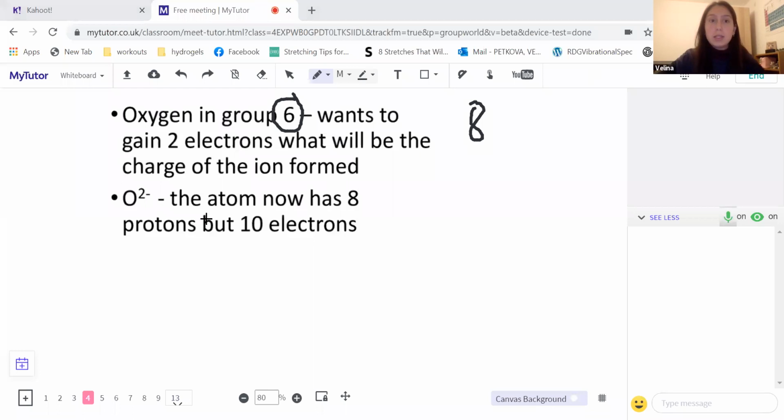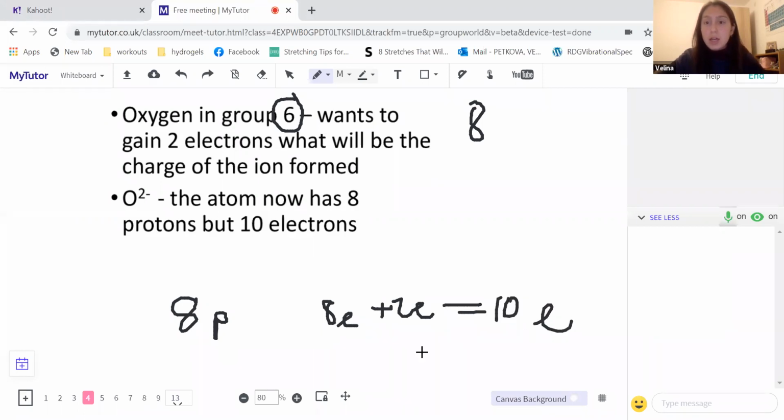Yes, 2 minus, because we had 8 protons and 8 electrons to begin with, but we have gained 2 electrons, so now we have 10 electrons. Each electron carries a negative charge and each proton carries a positive charge. So we've got 8 positive charges and 10 negative charges, so that's why it is a 2 minus.